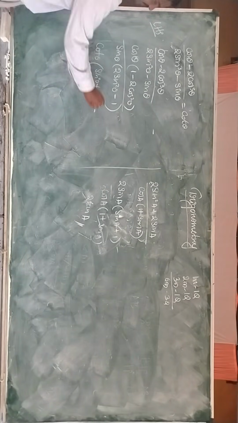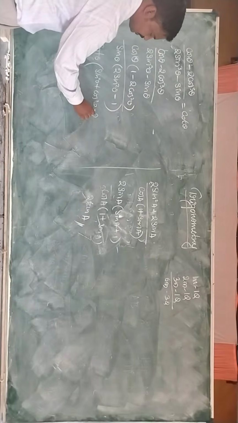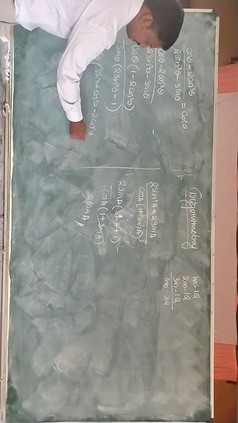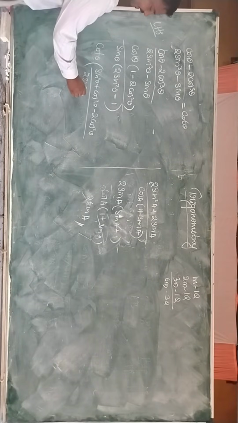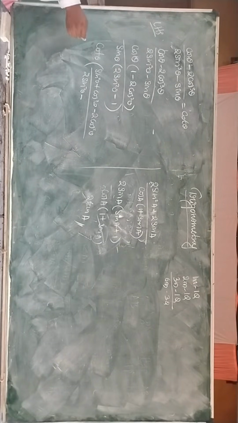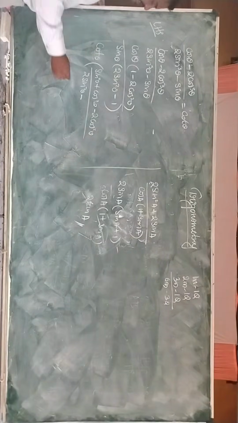Sin square theta plus cos square theta minus 2 times cos square theta, divided by 2 times sin square theta, and again I am writing 1 as sin square theta plus cos square theta, but minus is there, minus sin square theta minus cos square theta.